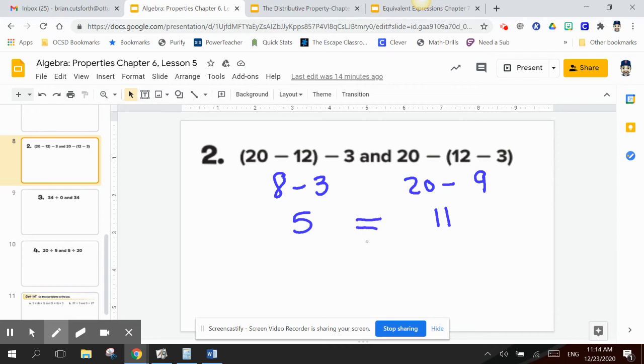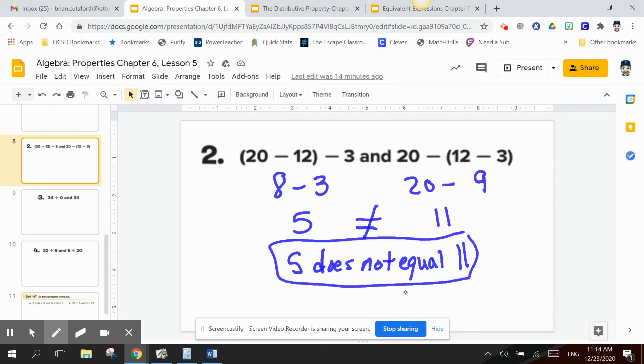Is 5 equal to 11? No. So 5 does not equal 11. And you have to explain why, and that's our explanation. You can also use, if you show your work, the showing of your work as well.